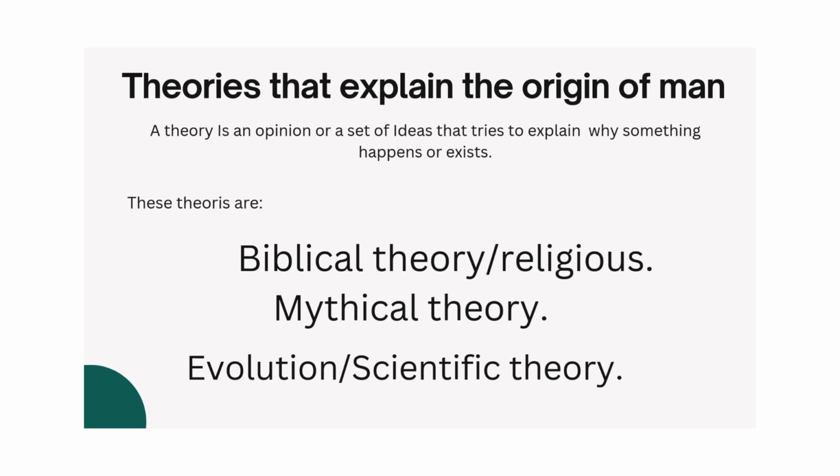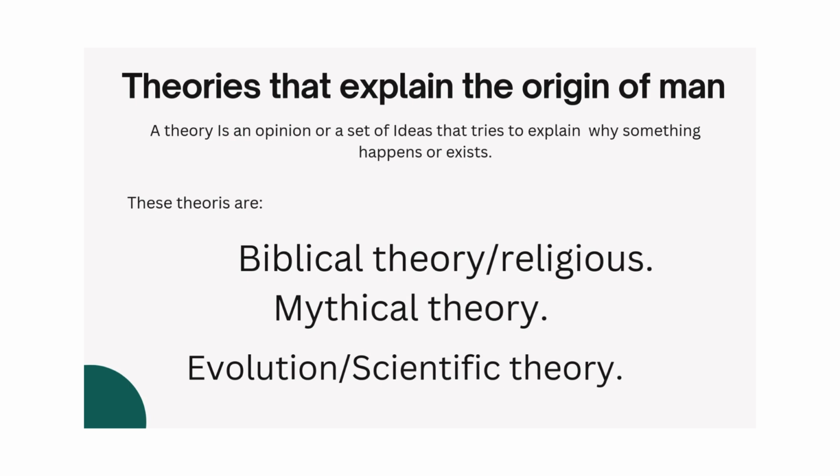Now, what does biblical theory say? Biblical theory states that there was a supreme being, and this supreme being, according to different religions, for example among the Christians, is called God. God created the first human beings and placed them in the Garden of Eden.